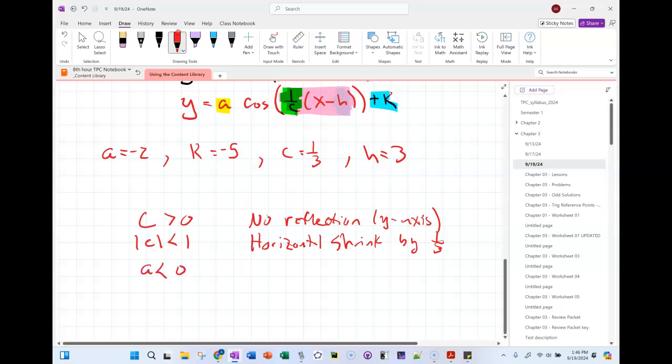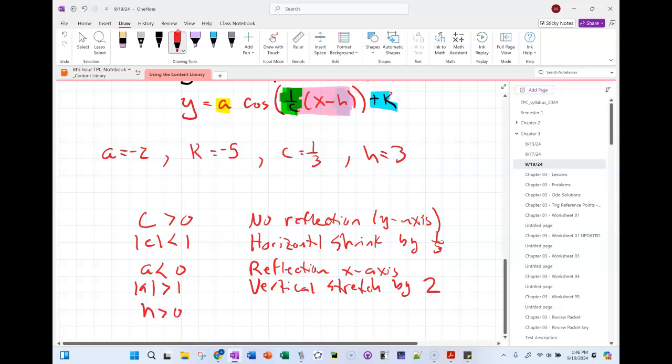Because my A is negative, I am going to have a reflection across the x-axis. And because the magnitude of A is greater than 1, I'll have a vertical stretch by a factor of 2.